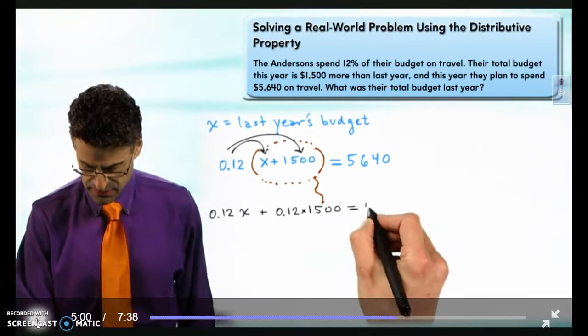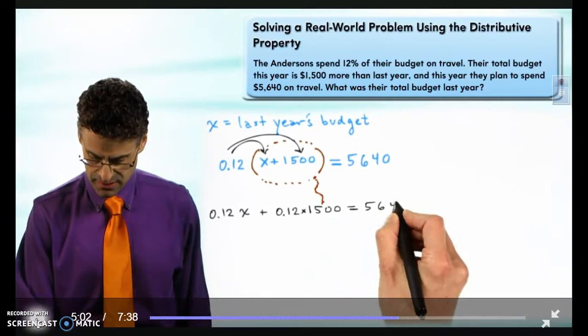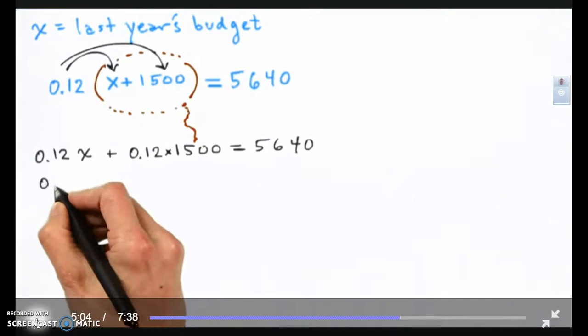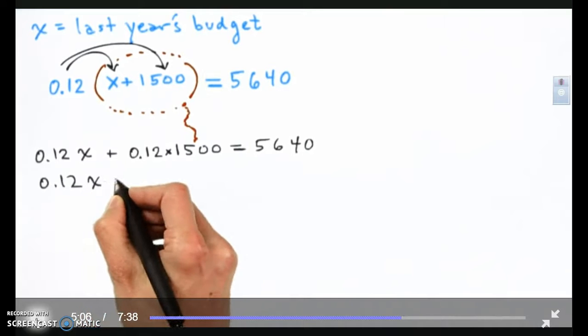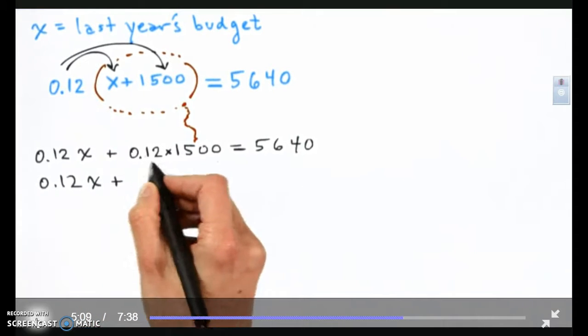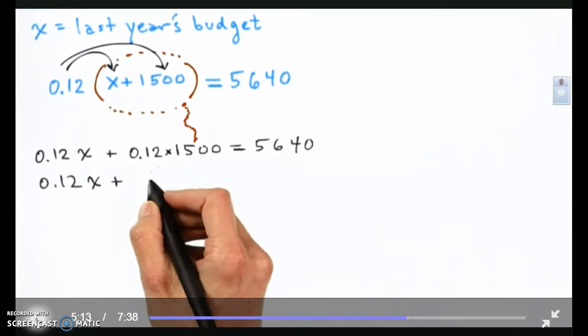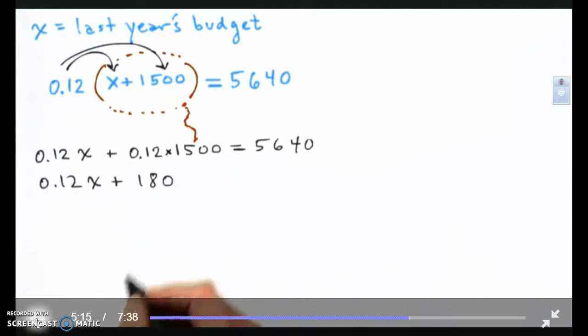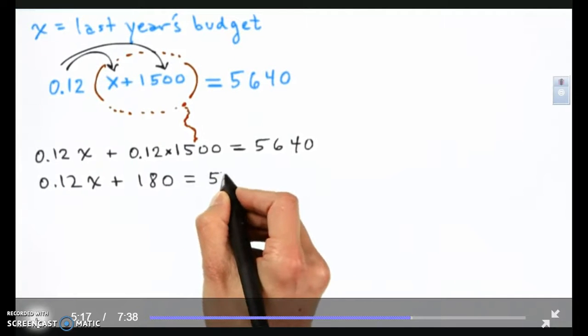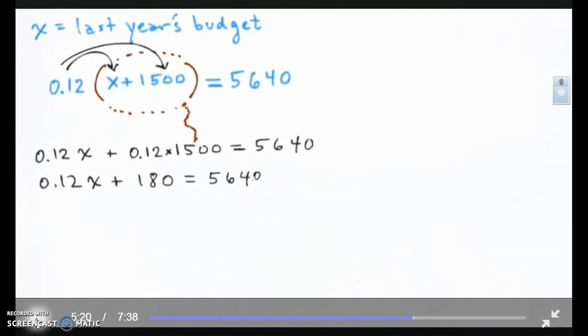And that equals, and on this side we've done nothing, so it's just the same number. And so this is 0.12 times X plus, and if you multiply 1,500 by 0.12, we see 180, and that equals 5,640.